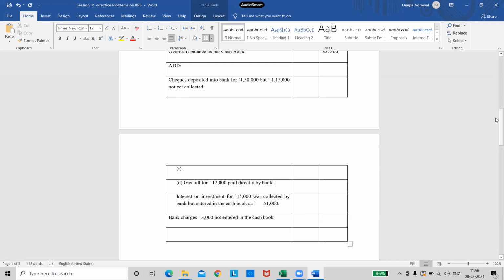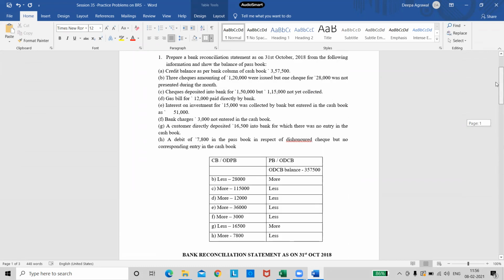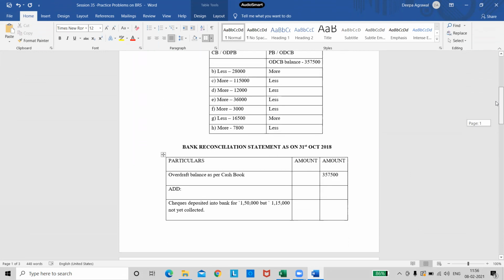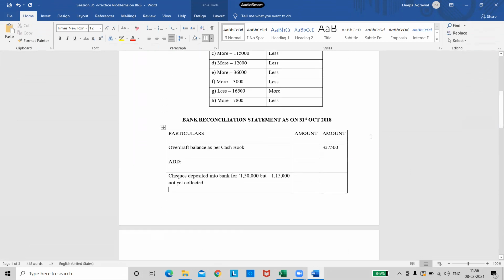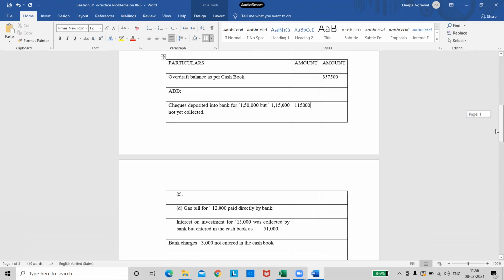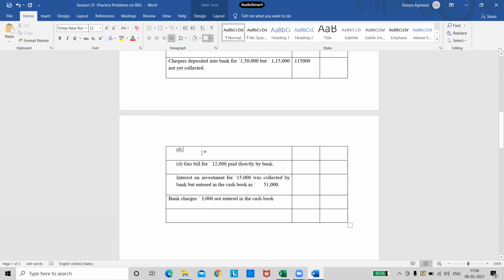So I have copied all the C, D, E, and F. As this shows that these need to be added, I'll put the amounts from the working notes. So for C bit, it is 1,15,000. The next D bit is 12,000. Oh, this is an extra column. Okay. And the D bit amount is 12,000. I will put this 12,000 in the inner column here.